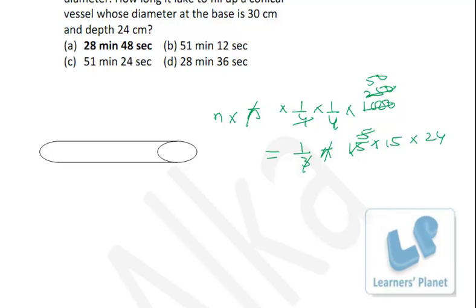So precisely n is equal to 15 into 24 by into 4 by 50.